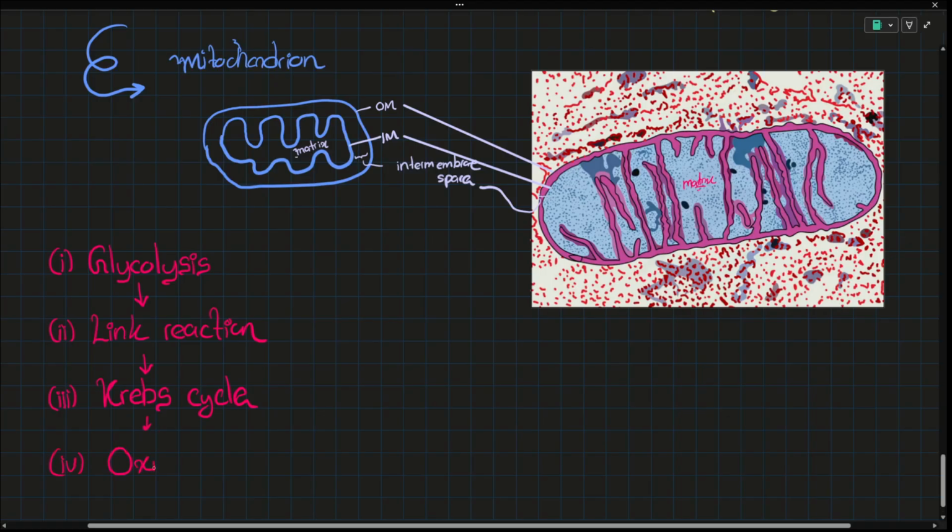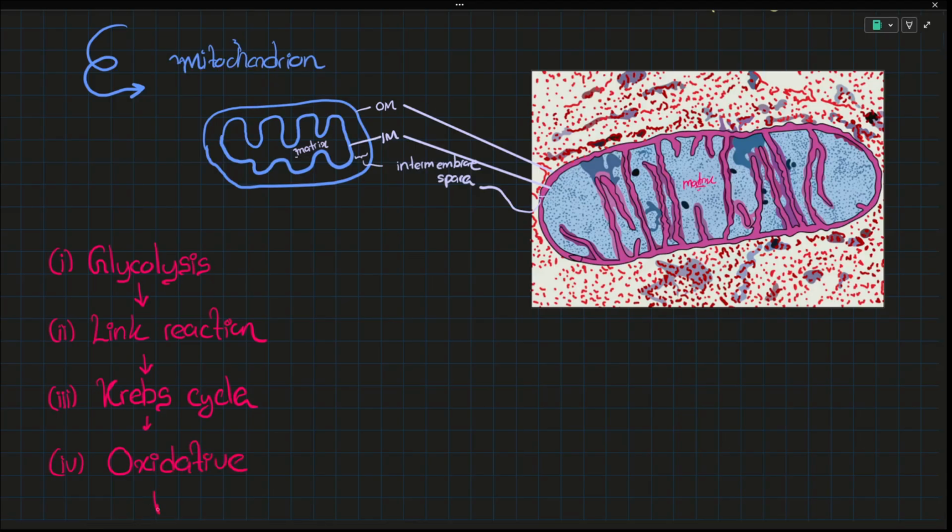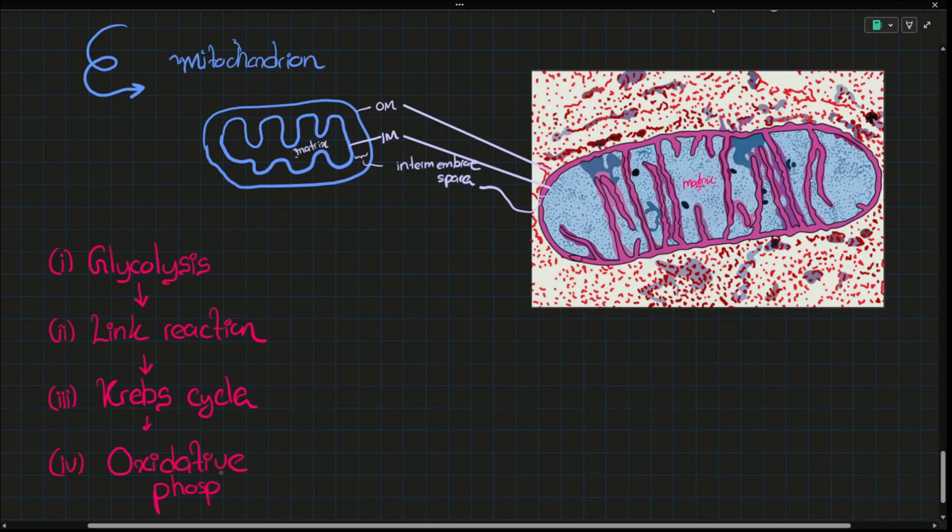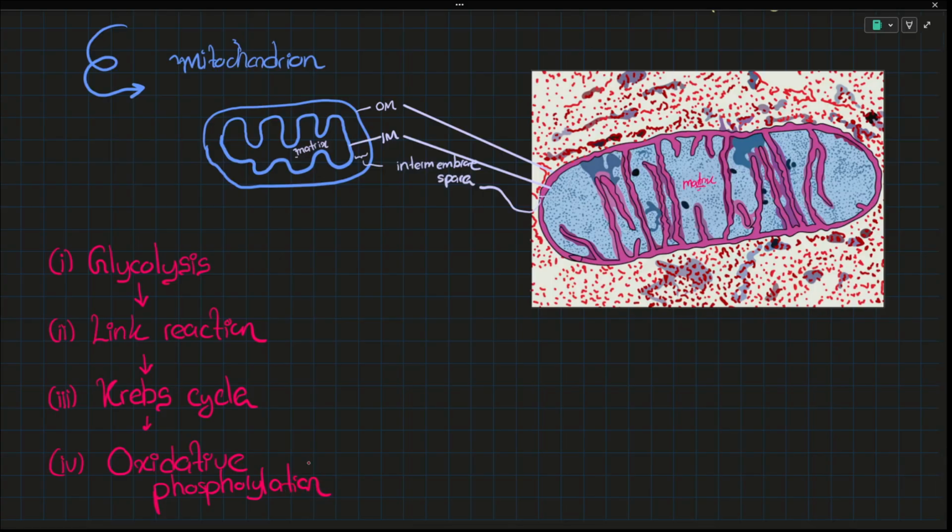This final stage is where most ATP is produced and that is known as oxidative phosphorylation.